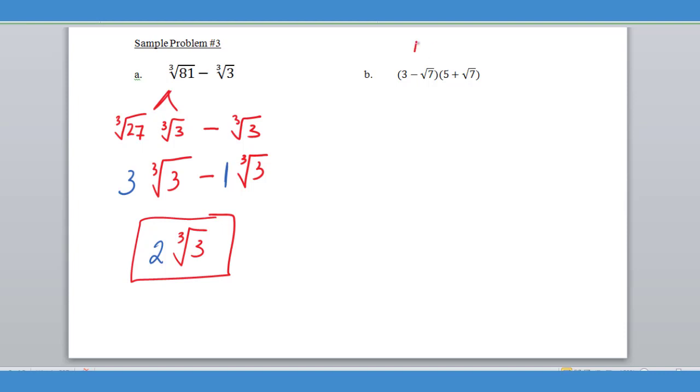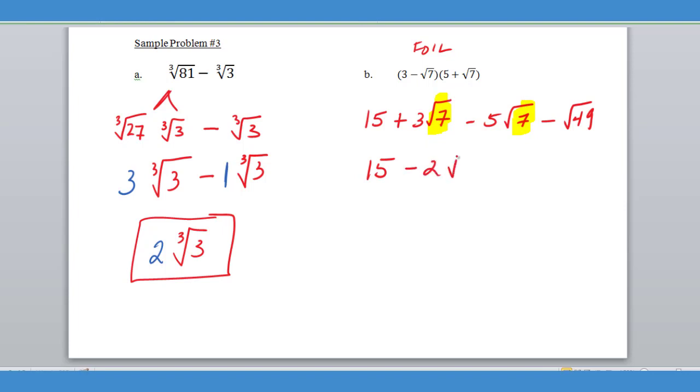Part B, we basically just want to FOIL this. So I go through the foiling process and I get the products. And then negative square root of 7 times positive square root of 7 is going to give me negative square root of 49. Now you can see in these middle terms we have like terms.